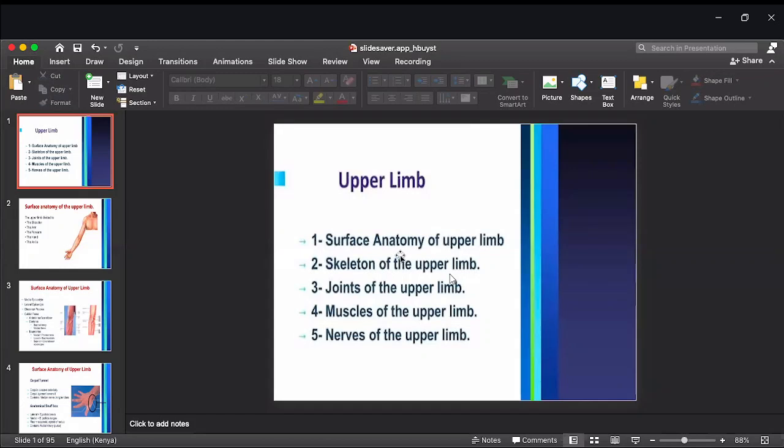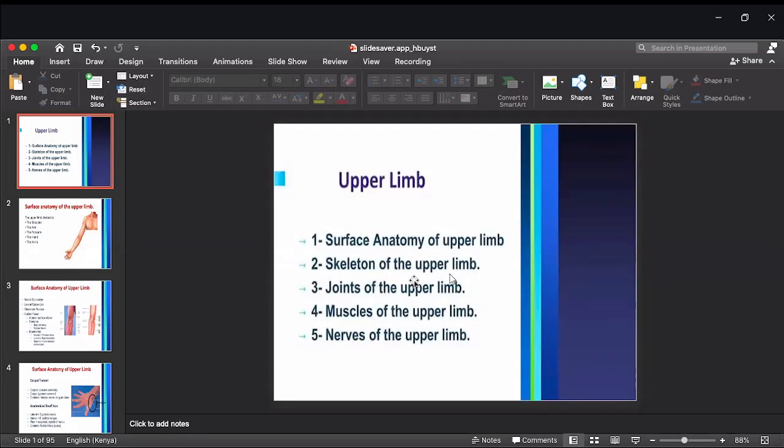So, mainly for anatomy, we want to know about the surface anatomy of the upper limb, the skeleton of the upper limb, that is the osteology. Appreciate the bones, the parts of the bones, the muscle attachments, and then, of course, the joints of the upper limb.